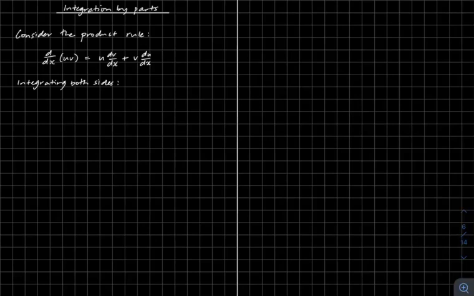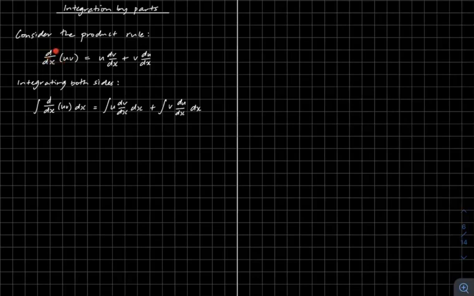So what we've got on the left hand side is the integral of d dx of u times v with respect to x, and on all of these we're just putting an integral with respect to x around it. Now we can't do too much with these on the right hand side, but on the left hand side we're integrating the derivative of u times v.